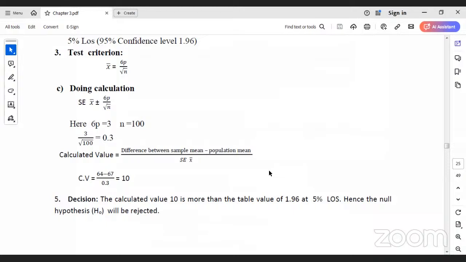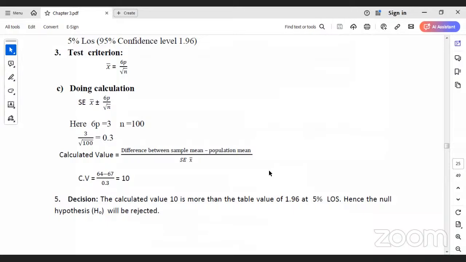So here you have to write the decision: the calculated value 10 is greater than the table value of 1.96 at 5% LOS. Hence, the null hypothesis will be rejected. So in this way, you have to do the problem.